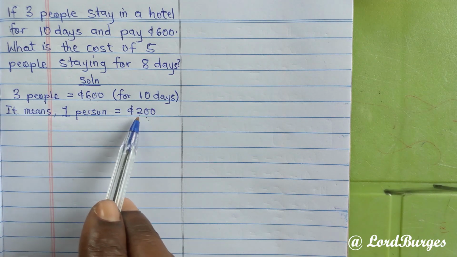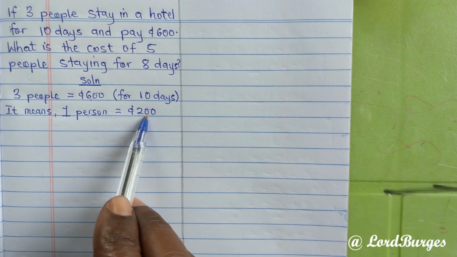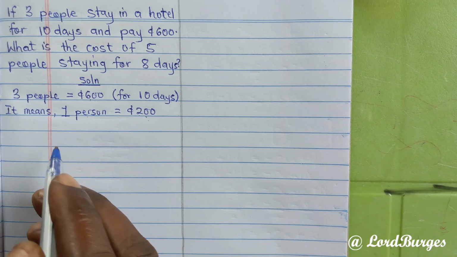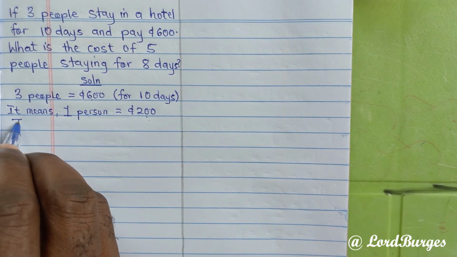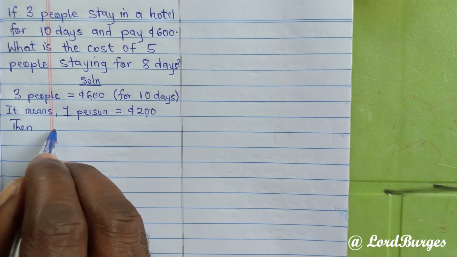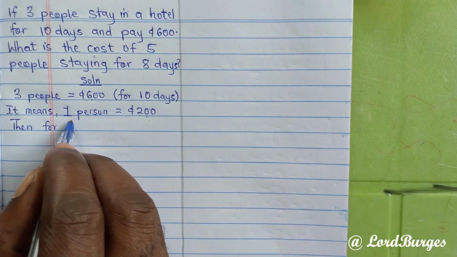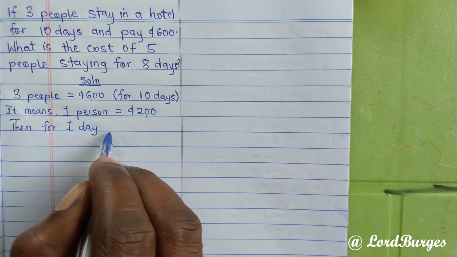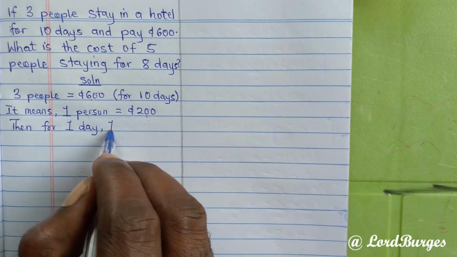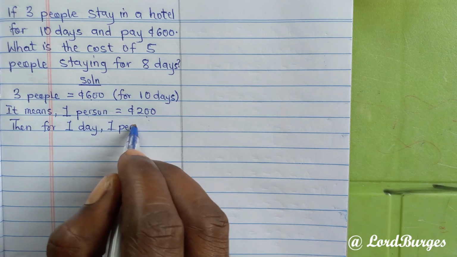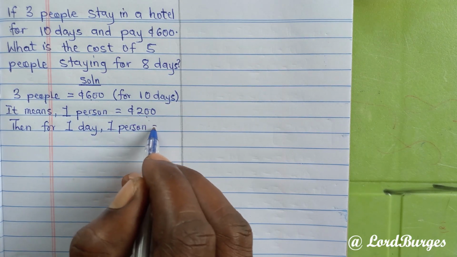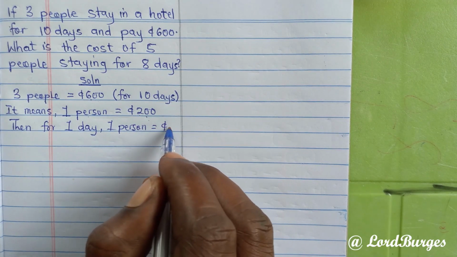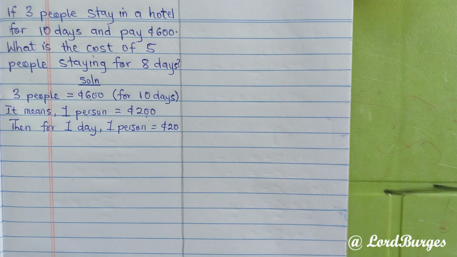So if one person paid 200 for 10 days, then for one day, one person will pay 20 cedis.